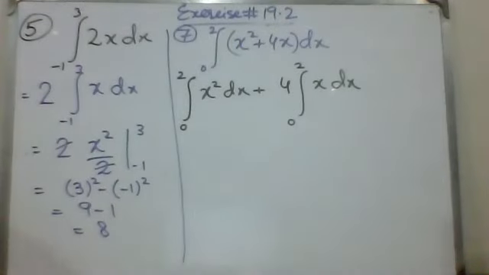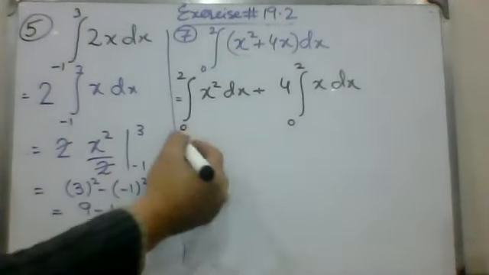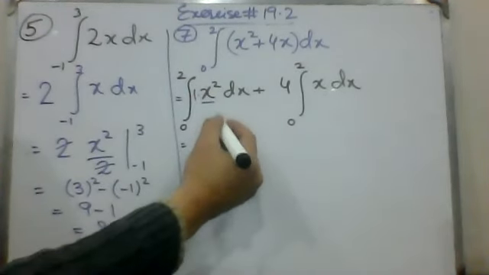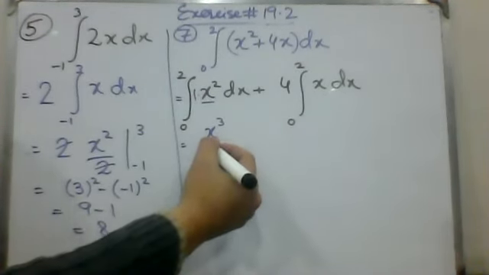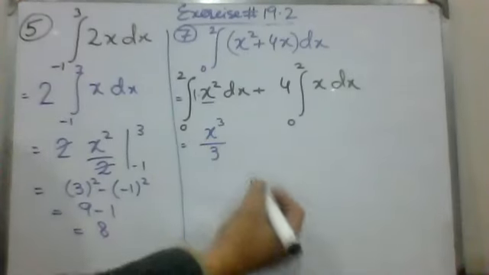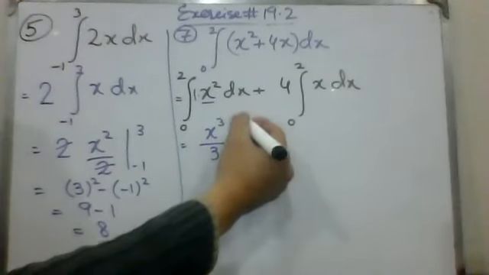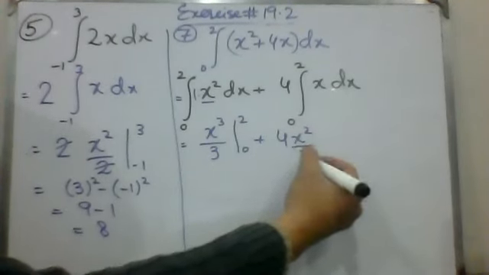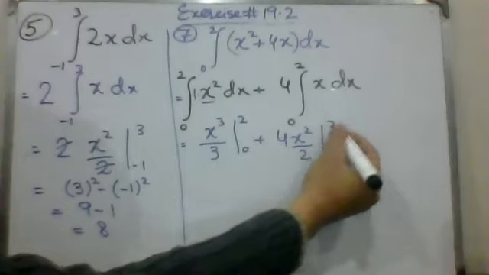That is the way. Now for the power 2, we write 2 plus 1 is 3 and divide by 3, integral from 0 to 2, plus 4 times x square divided by 2, from 0 to 2.